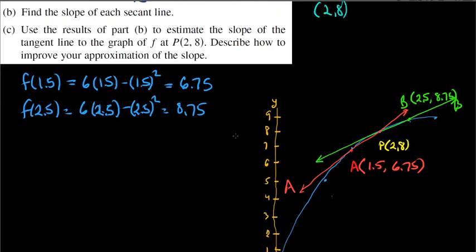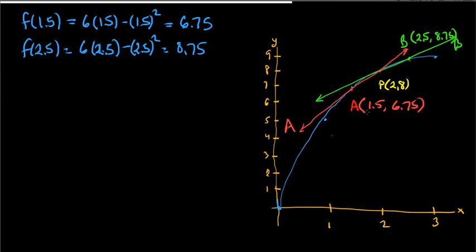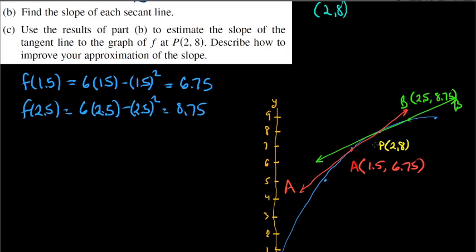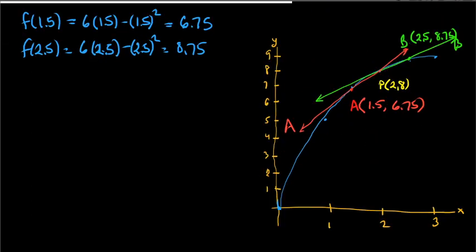So part B, find the slope of each secant line. Okay, so yeah, a secant line is a line that passes through 2 points, right? Sorry to make you dizzy there, but all right. So for part B, we want to find the slope of lines A and B. Let's start with A. So the slope of line A. Well, how do you calculate slope?